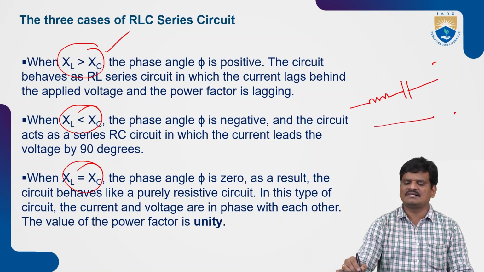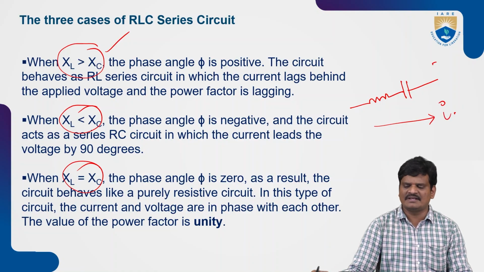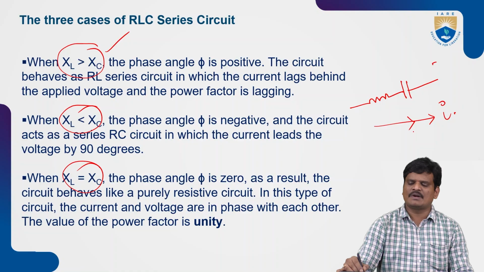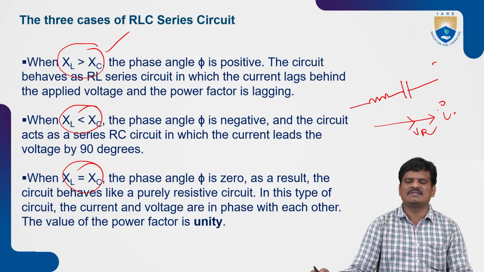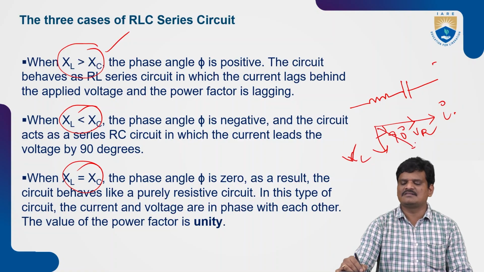Now let us draw the phasor diagram for this. As it is a series circuit, I am taking current as a reference. With respect to the property of a resistor, current will be in phase with the value of voltage. With respect to the property of a capacitor, current will lead the value of voltage by how many degrees? 90 degrees. And this is my resultant V equal to VR plus VC.